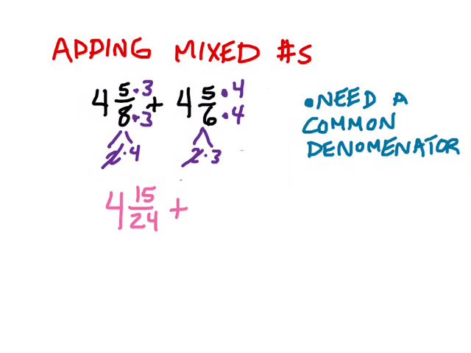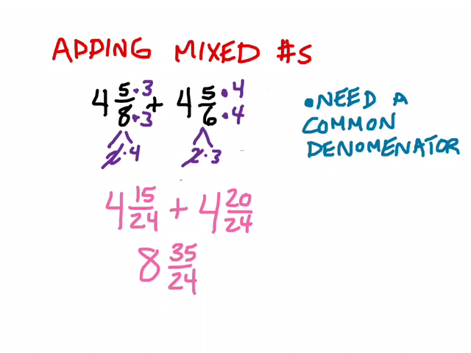And I'm going to be adding that to 4 and 5/6, which becomes 20/24ths. Same deal as before. I'm just going to add whole numbers to whole numbers, fractions to fractions. So 4 plus 4 is 8, and 15/24ths plus 20/24ths is going to be 35/24ths.